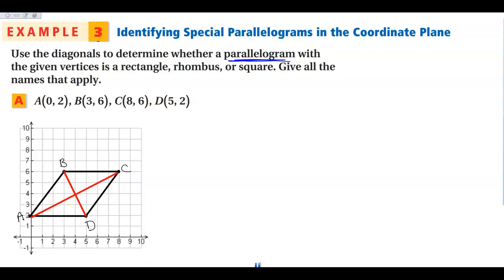So, is it a rhombus? My rhombus property is that my diagonals should be perpendicular. So I'm going to use slope.